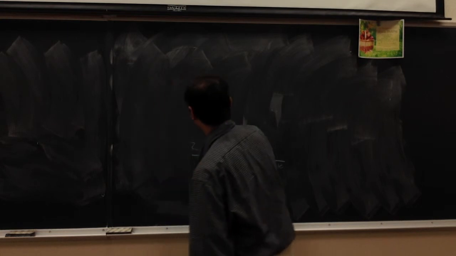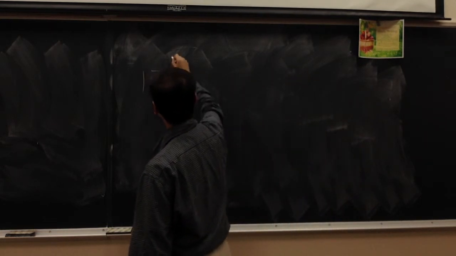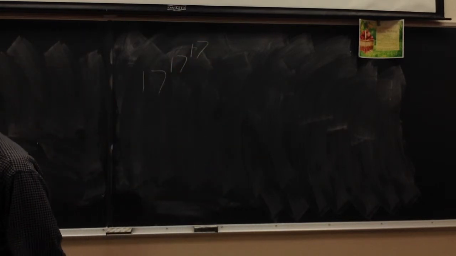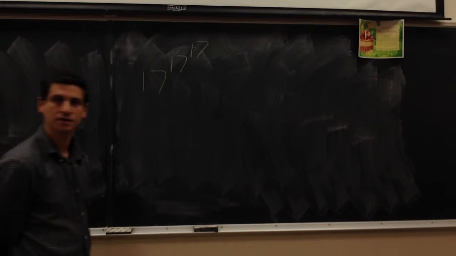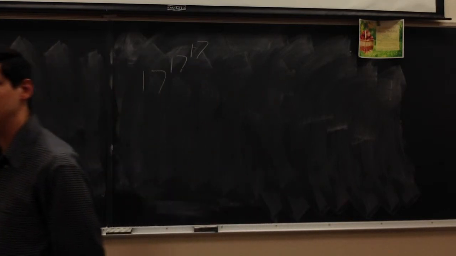So we want to study 17 to the 17 to the 17. When you have something like this, what's the first question you have to be careful about? What does this mean? There's 2 ways I could read this, right?